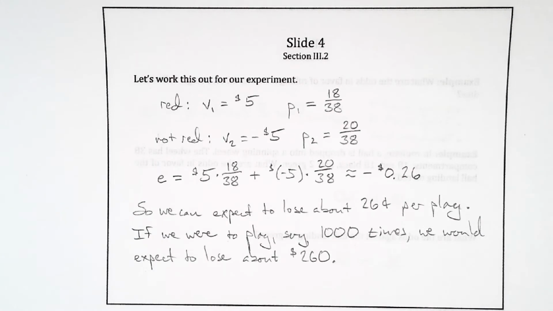Okay, so this tells you a couple things. One, the casino does not have to be sure of always winning. It doesn't even have to be terribly likely to win. It just needs a little bit of an edge. And that edge is what allows it to make a profit in the long run.